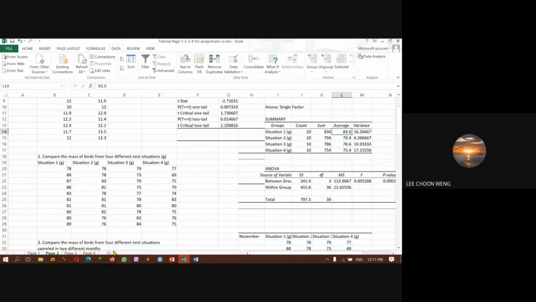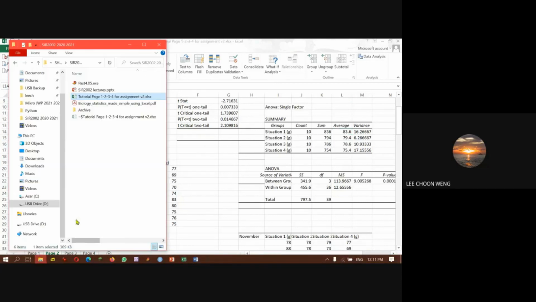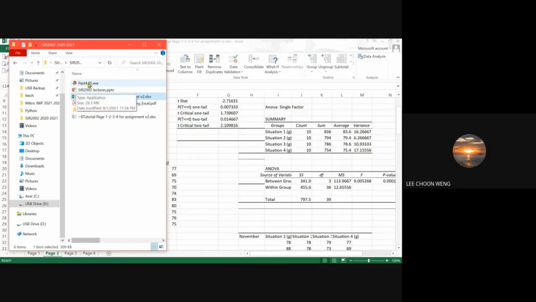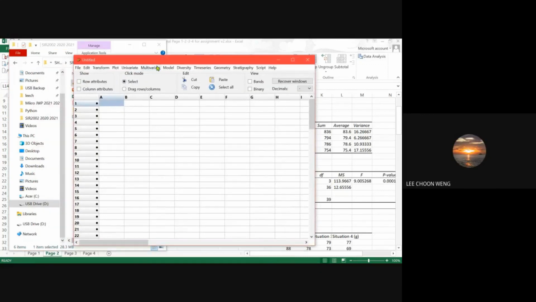But if you have time, I suggest you download PAST. Are you seeing this? The PAST. Yep. PAST is free. It's very powerful. I usually use it when I want to do multivariate analysis.